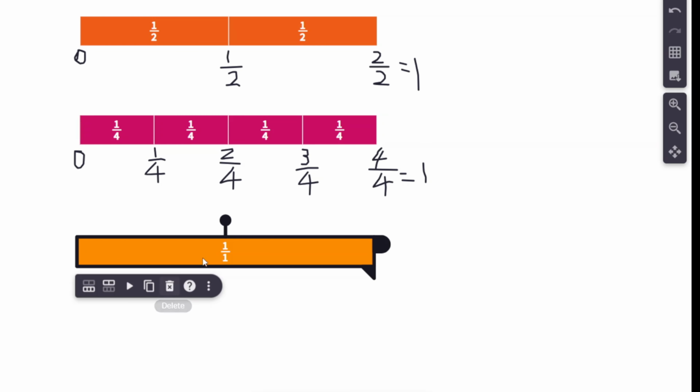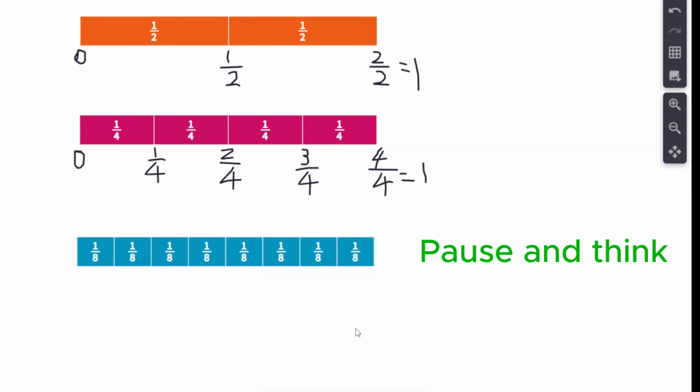Eighths means 8 equal pieces. So go ahead and think of what you can draw, how many lines you need to draw, and how many lines you need to fold to get 8 equal parts. Do you have 8 equal parts like this?